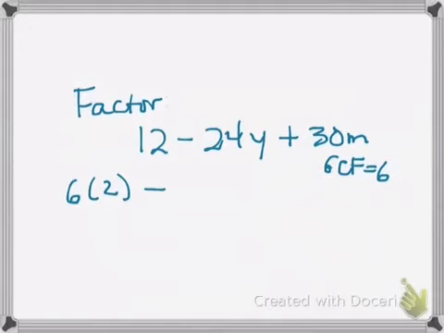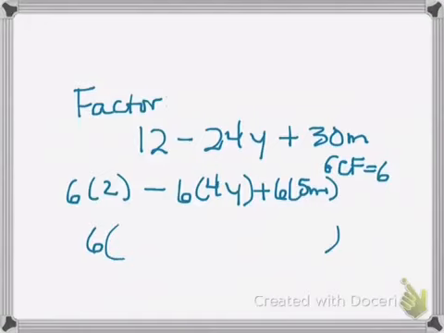So I need to get back to 12. So 6 times what? 6 times 2. And in the middle term, 6 times what? 6 times 4y. And the last term is 6 times what? 5m to get you back to 30m. So 6 is common to all terms. I can pull it out front. And when I do, I get to see what's left.